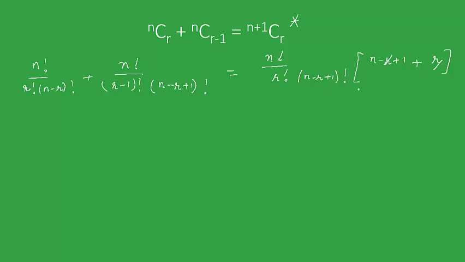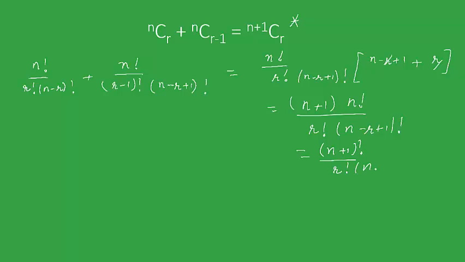This r and r cancel out and we obtain n plus 1 into n factorial in the numerator, and in the denominator we have r factorial into n minus r plus 1 factorial, which can be written as n plus 1 factorial upon r factorial into n minus r plus 1 factorial, which is equal to n plus 1 Cr.